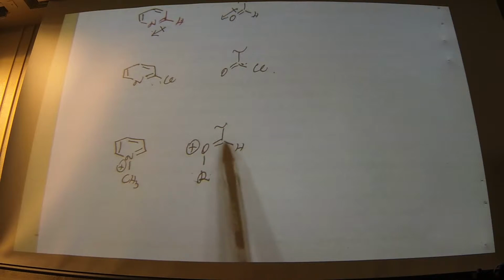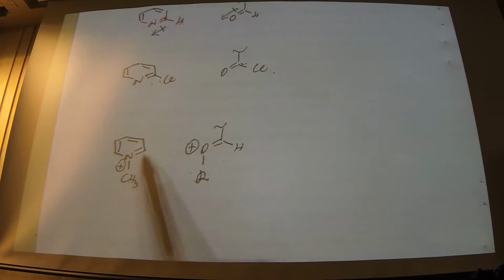If I have an oxonium ion, where R is either a proton, or an alkyl, or a Lewis acid, or whatever, then this carbon atom is going to be much more reactive than in the aldehyde. So also the N-methylpyridinium ion is going to be much more reactive at C2 towards nucleophiles.